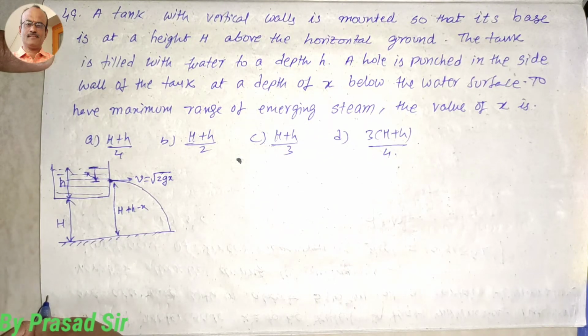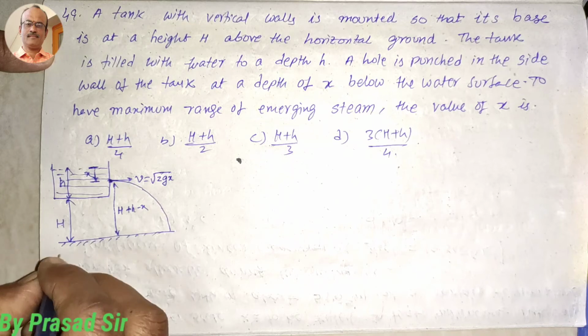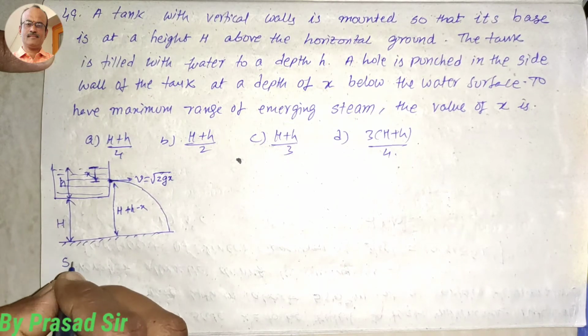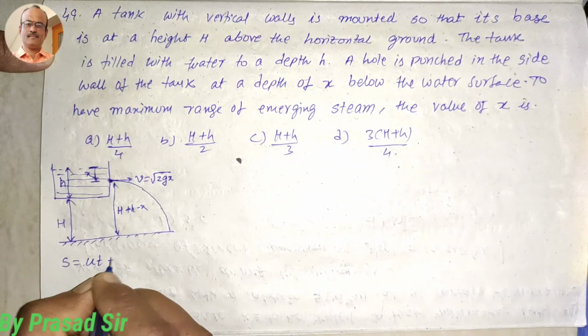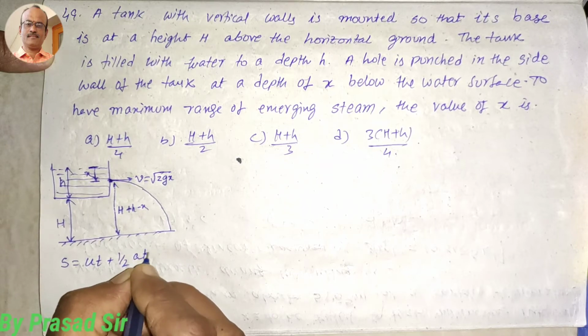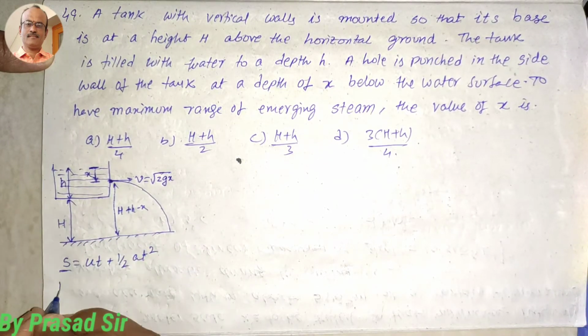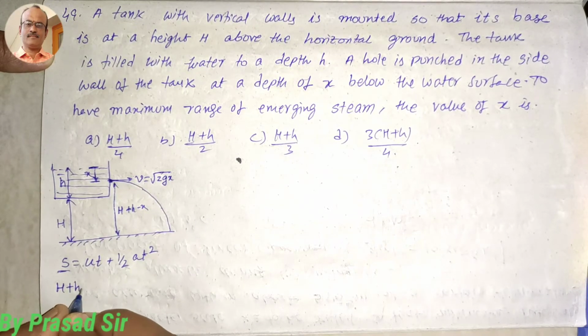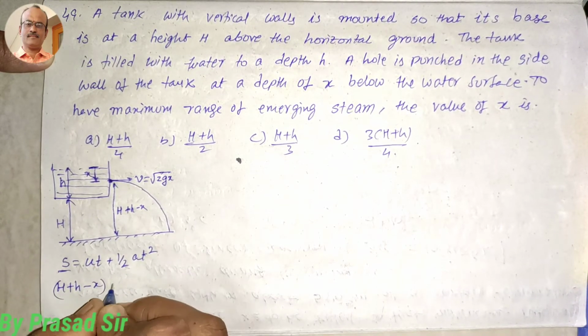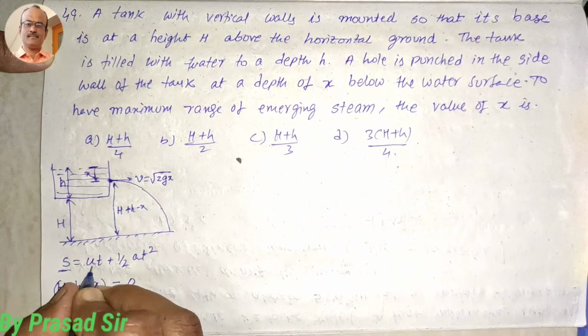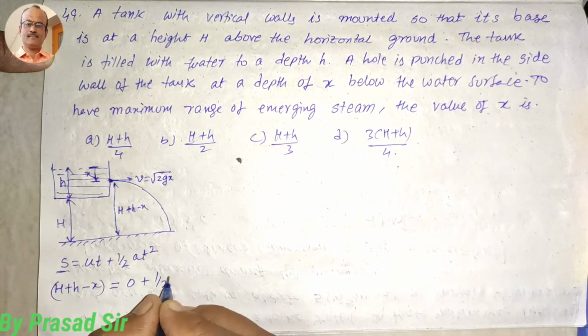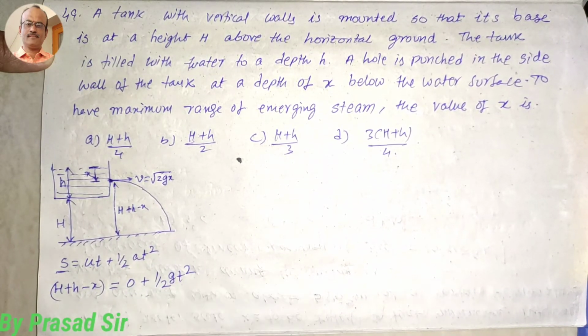This is x we want to calculate. So first of all, s is equal to ut plus half at square. The distance from here to here, capital H plus small h minus x, is equal to initial velocity 0 plus half into g into t square.